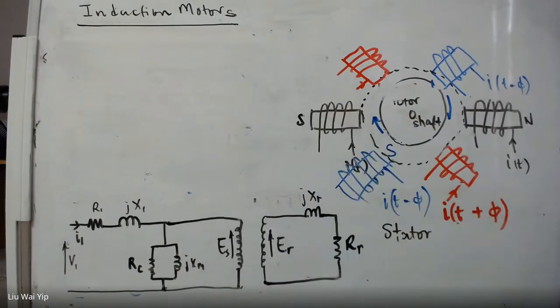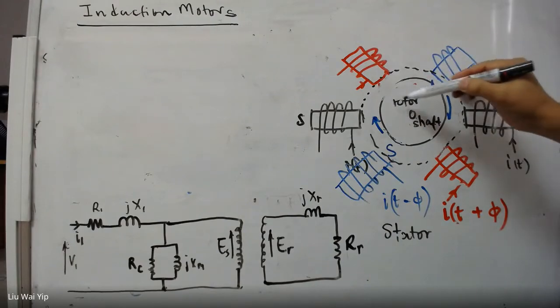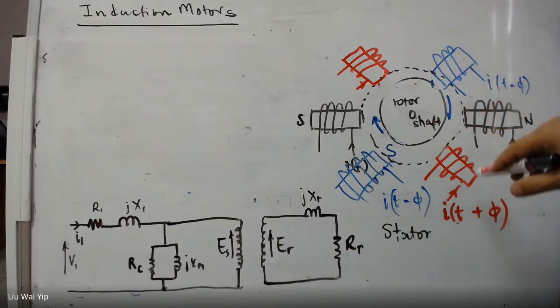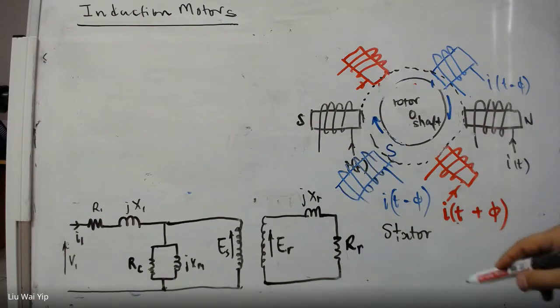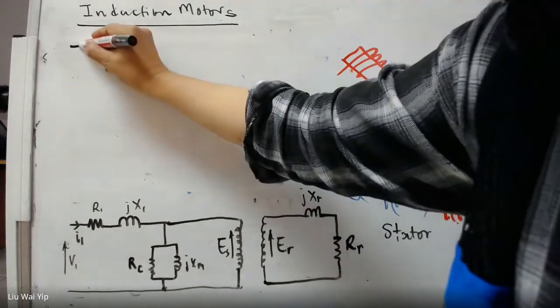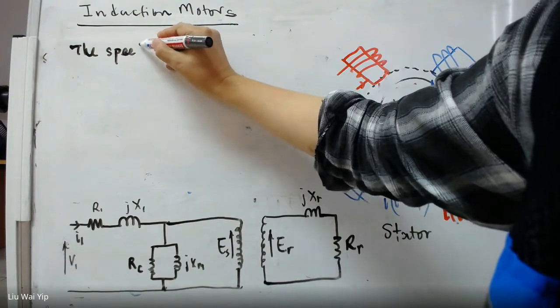So first of all, the rotor will be rotating at a speed much less than the speed of the rotating magnetic field. The speed of the rotating magnetic field is so-called synchronous speed.